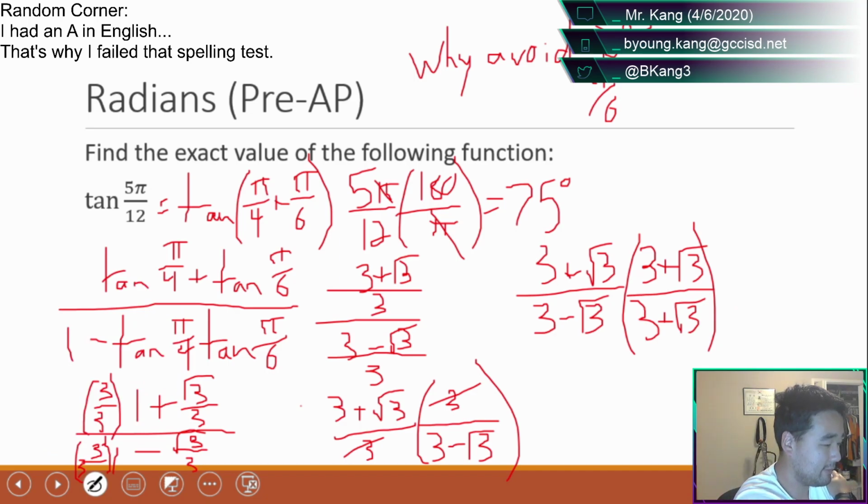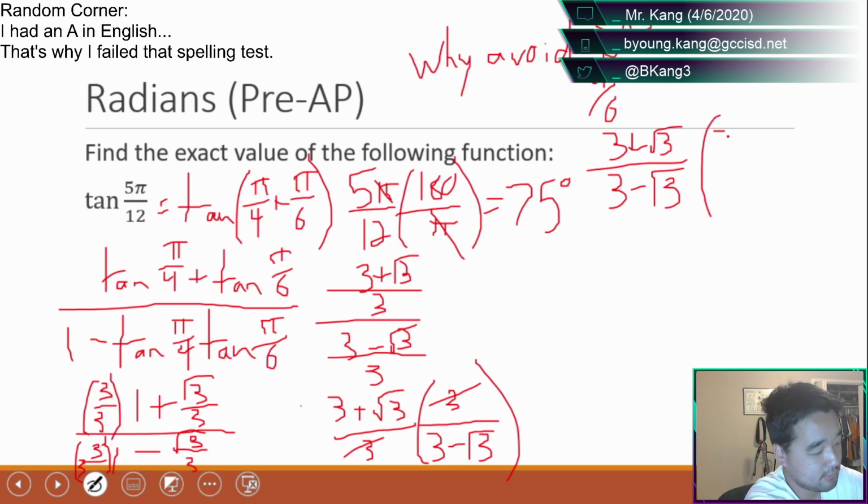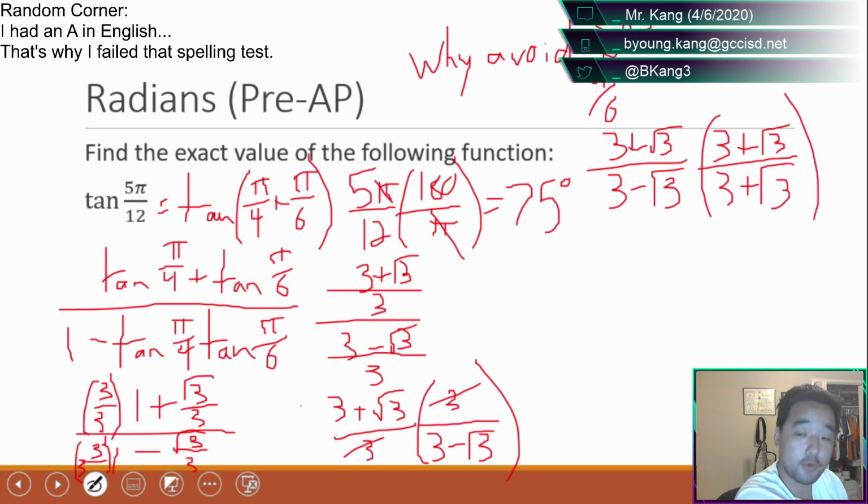Actually, for the sake of people that are going to look at this at home, we're going to start the work way up here. You're welcome, YouTube. There we are. So we've got to FOIL the top, FOIL the bottom, and the whole reason we pick this is that the square roots will go away in the denominator.